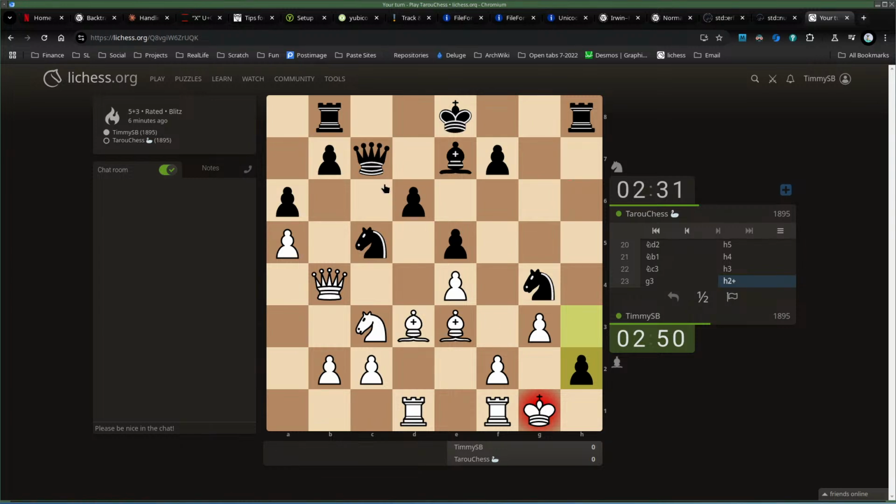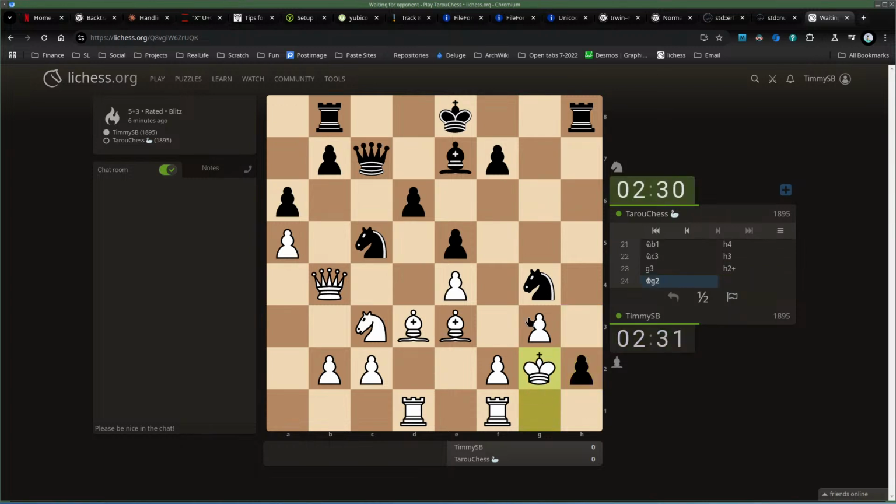How quick is the queen coming here? Can I go here? I go here. Let's say it takes with tempo, but that opens this file. And then he goes here, threatens to give check, and horrible things happen, or not. And I can go here, in front of the ball.